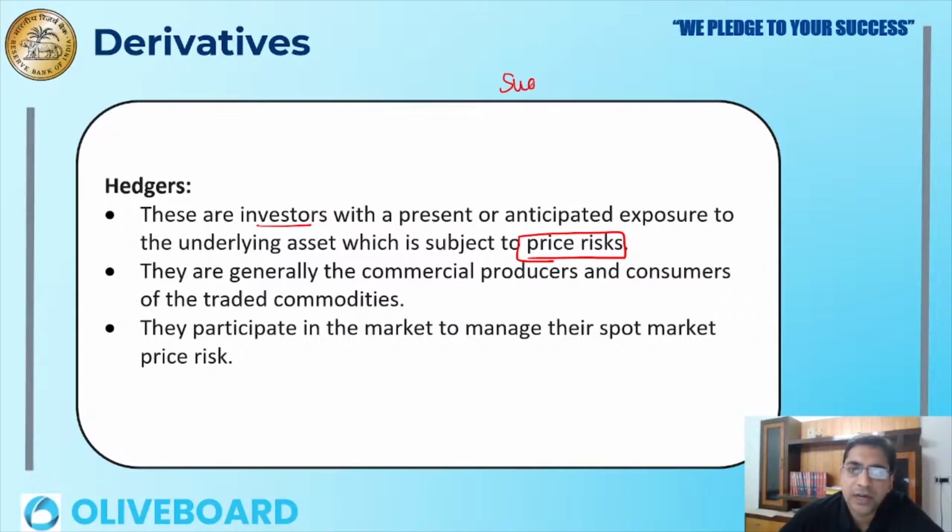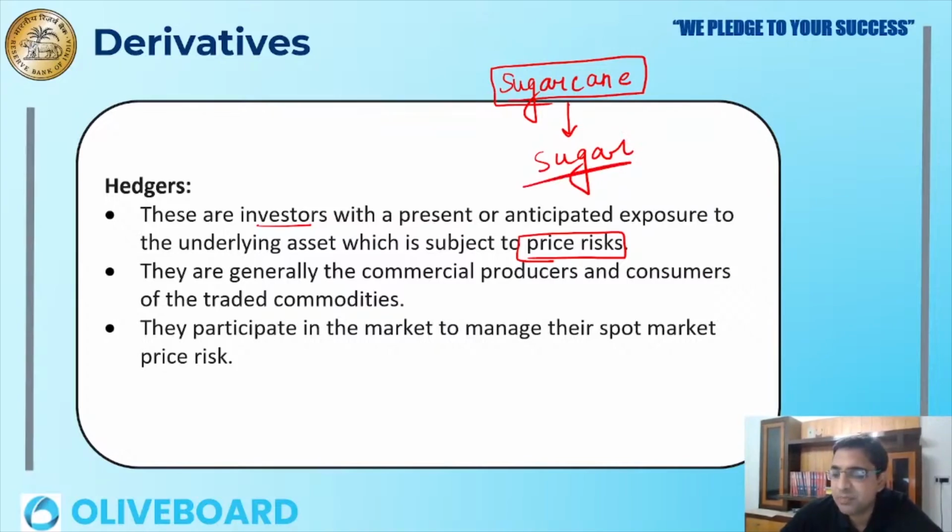Like if I wanted to buy sugar cane, for making sugar, I know that in the future the sugarcane price may fluctuate. So what I will do is try to fix the price. I will make a contract with someone that for every ton I will give you rupees 10,000.